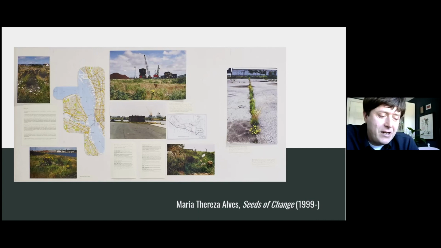And what she did is she charted the survival of these seeds and the history of these seeds. She looked at different European port cities involved in the slave trade, such as Marseille, Liverpool, Dunkirk, and Bristol. And it was really this project that brings to mind the more than human temporalities of plants, which enable seeds to remain dormant for decades or even centuries before germinating.